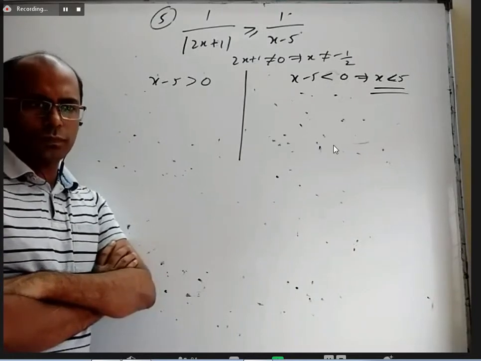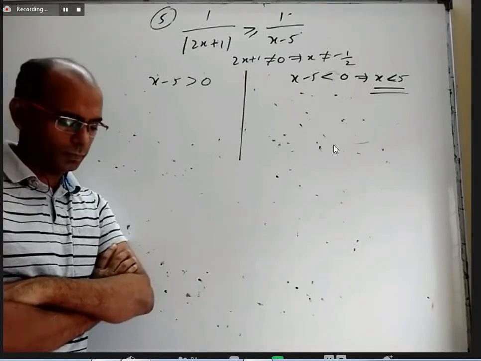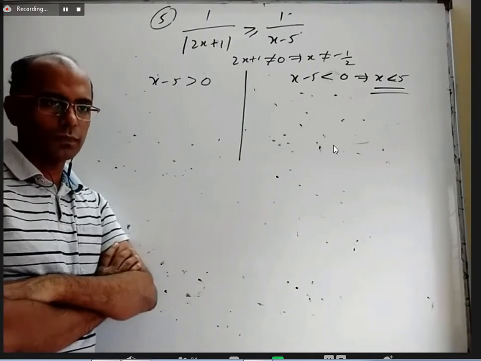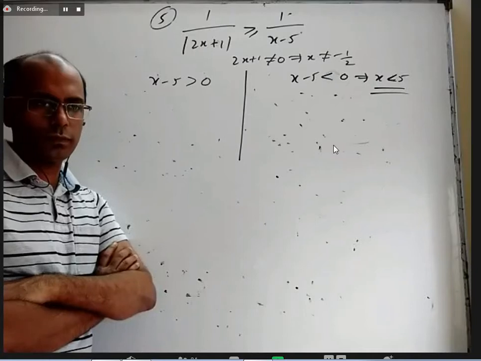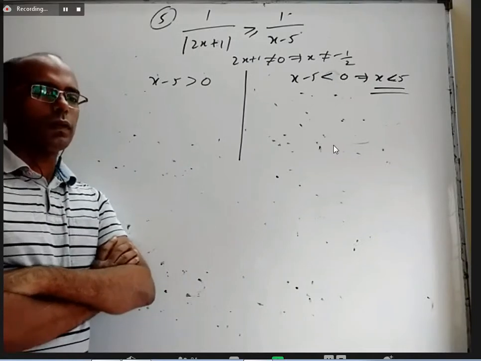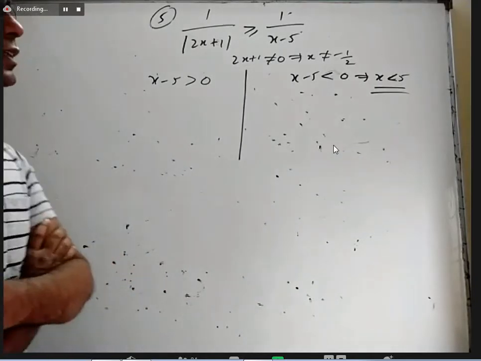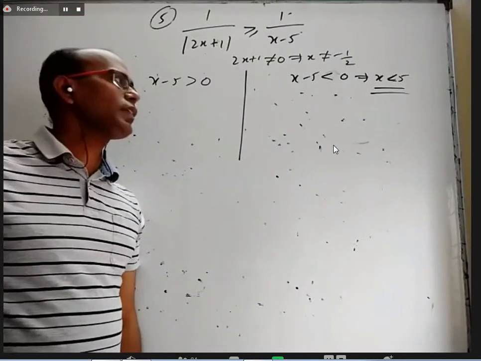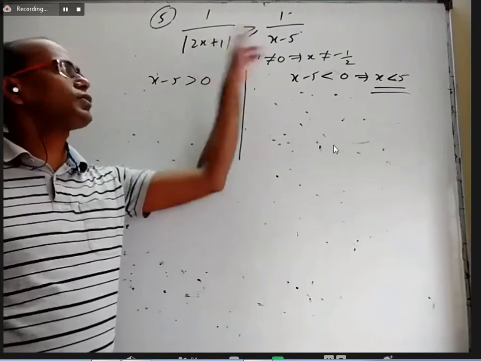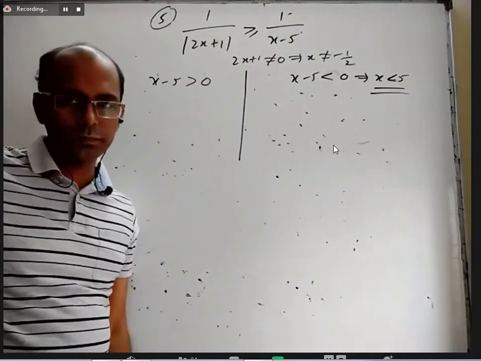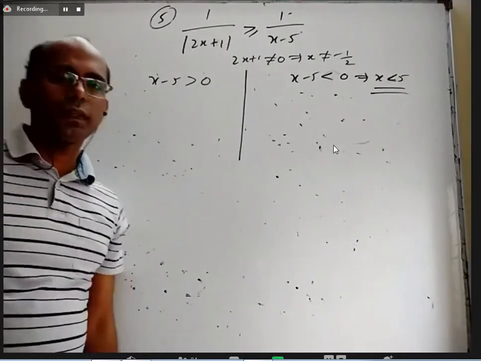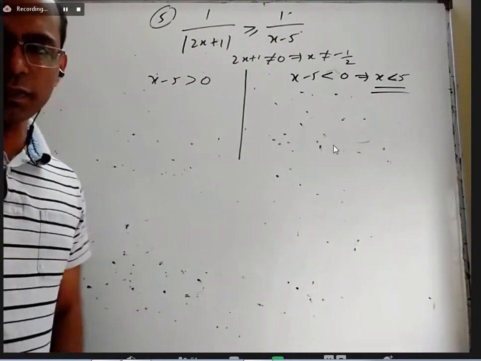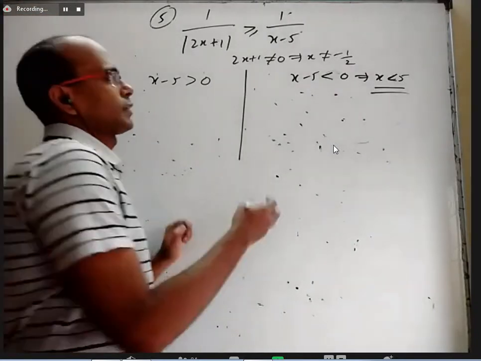No, sir. Okay, we can flip, but it is not necessary. In this case, every number is a solution. Whatever number you take less than 5, every number is a solution. Why? LHS is always positive, RHS is always negative, and positive is always greater than negative. As simple as that.